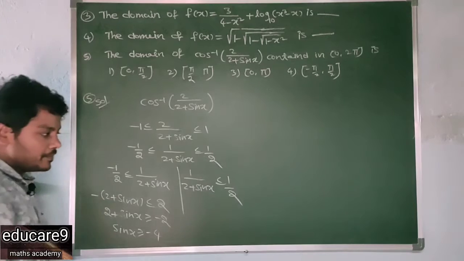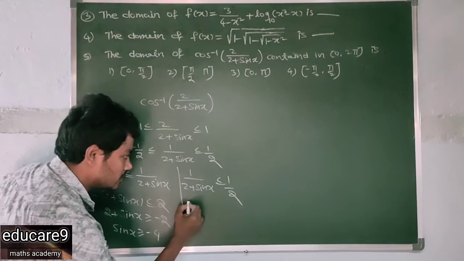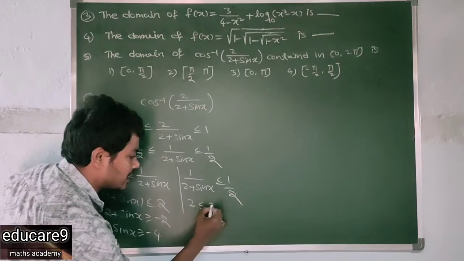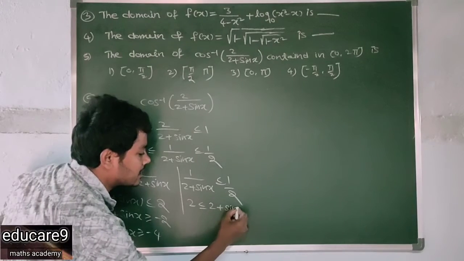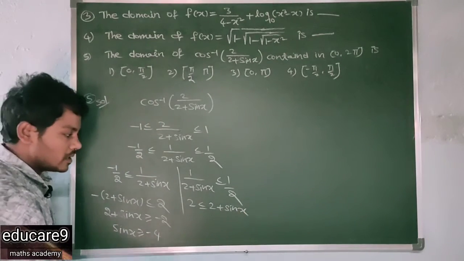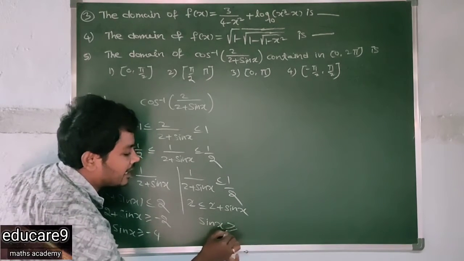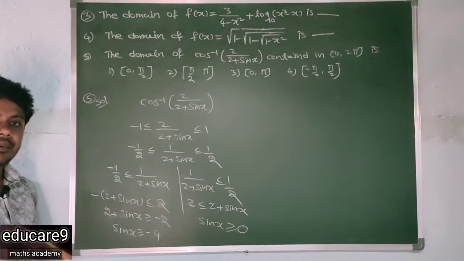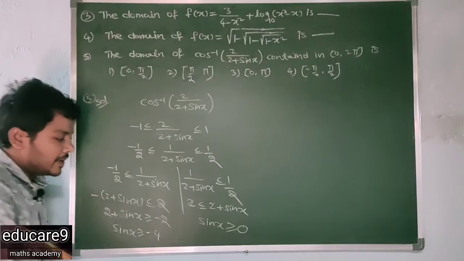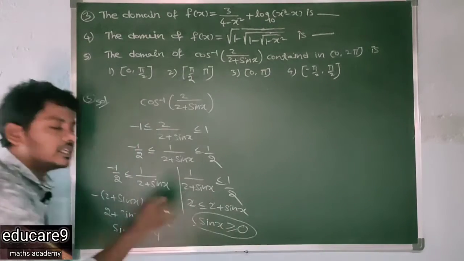Now here, 2 is less than or equal to 2 plus sin x. So the 2 gets cancelled. Sin x is what? Greater than or equal to 0. Okay.